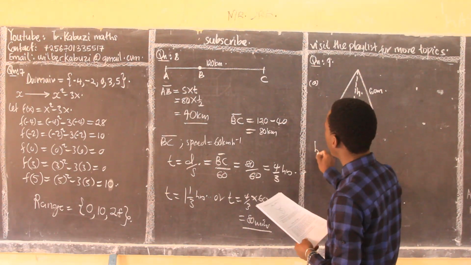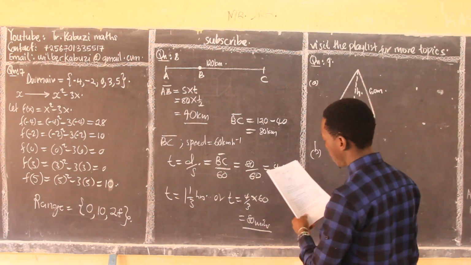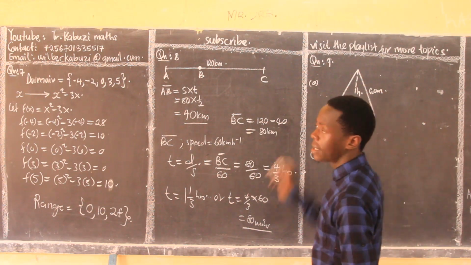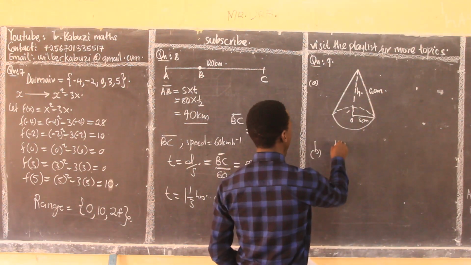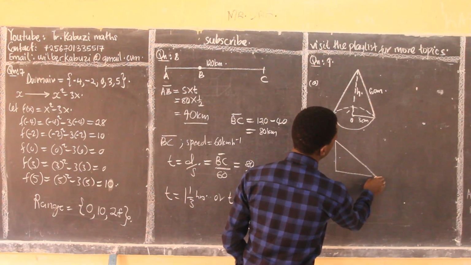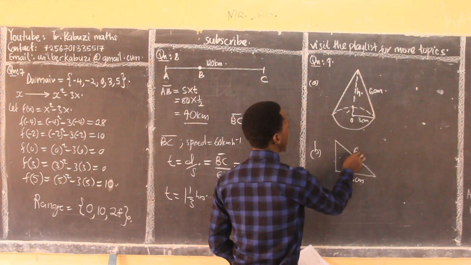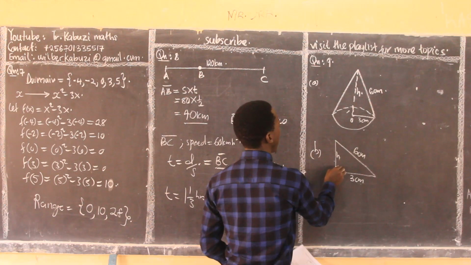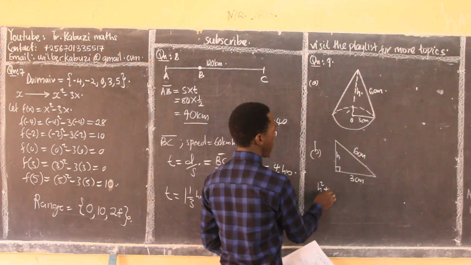So part B, they're telling us to calculate the height of the solid. Now clearly you can see that right angle triangle there, which I can pull out like this. So this is my 3 centimeters, this is my 6 centimeters, then this is my h. So here I can use Pythagoras, so h squared equals 6 squared minus 3 squared.